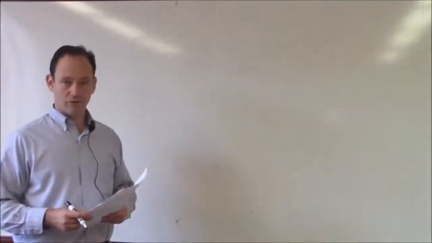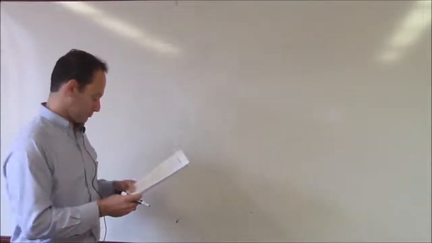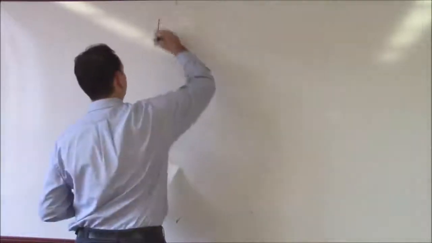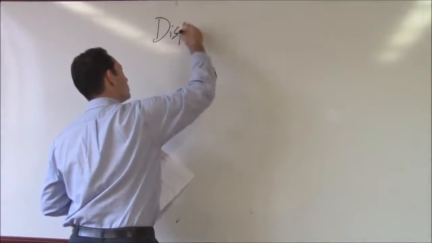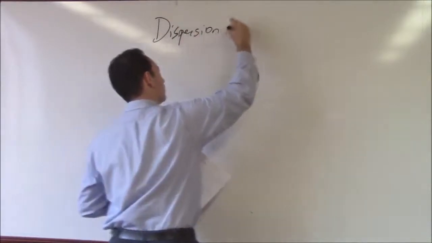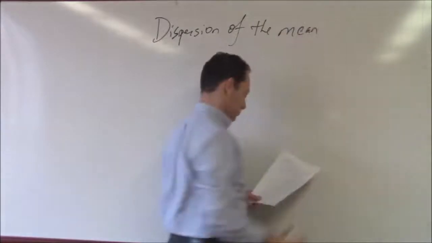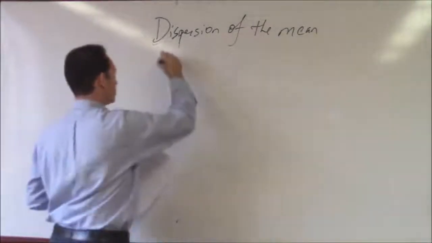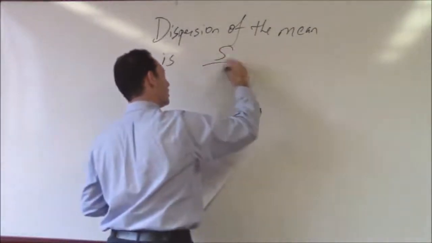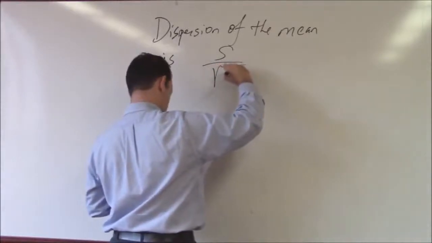And so we use a different measure of dispersion. The dispersion of the mean is S over the square root of n.